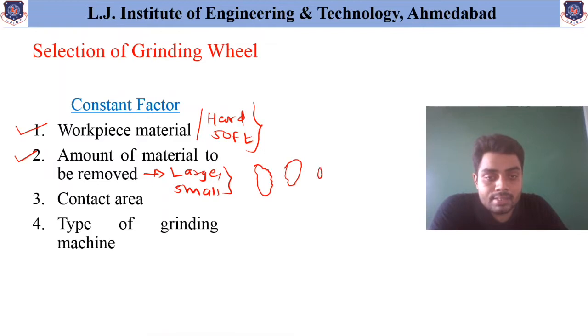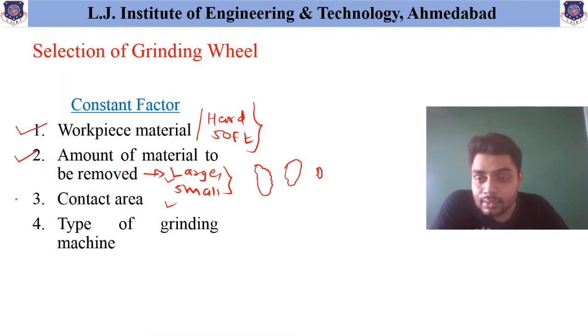If the abrasive particle size is comparatively larger, then it will remove more material, and if the abrasive particle size is small, then it will remove very little material. So based on this also one must select the grinding wheel.